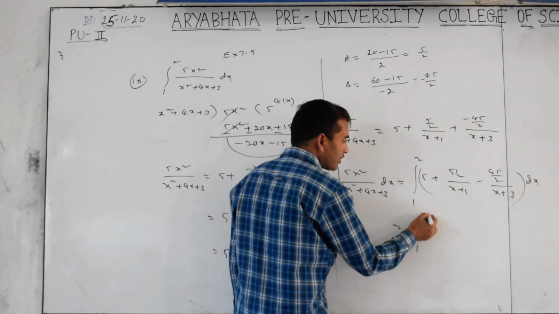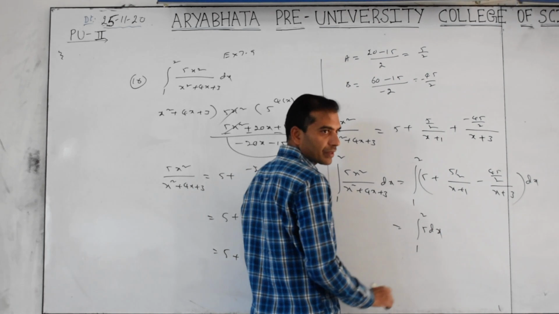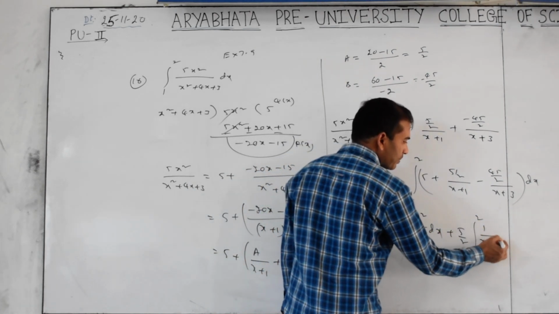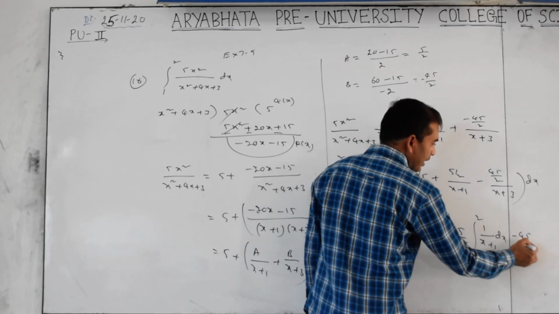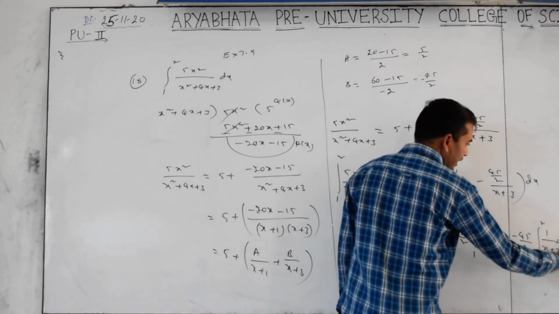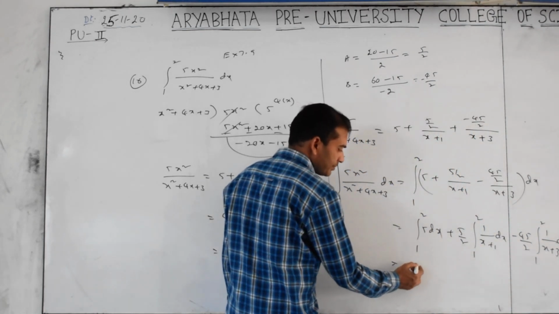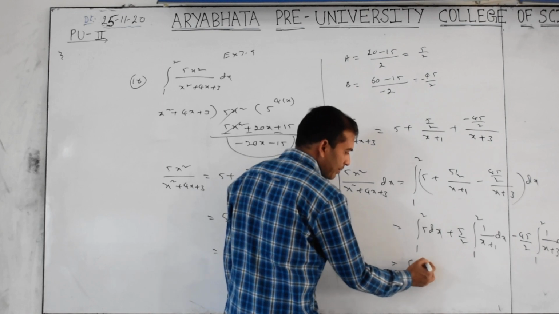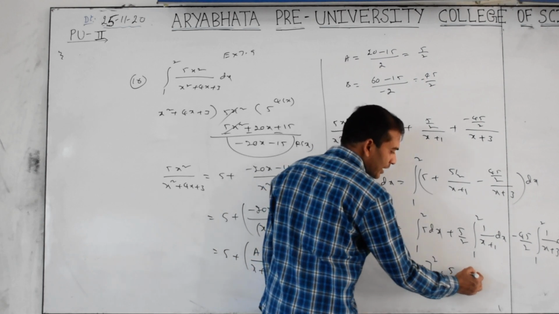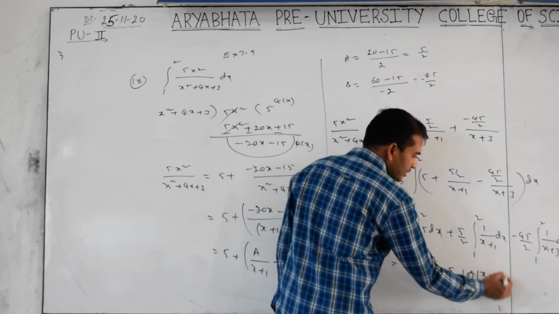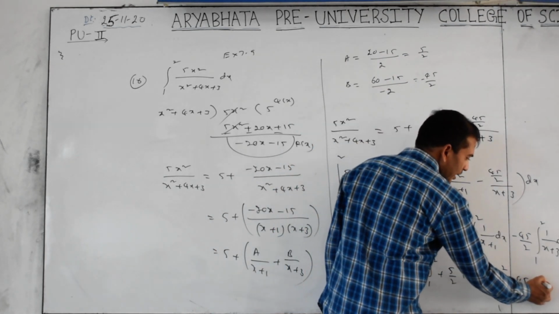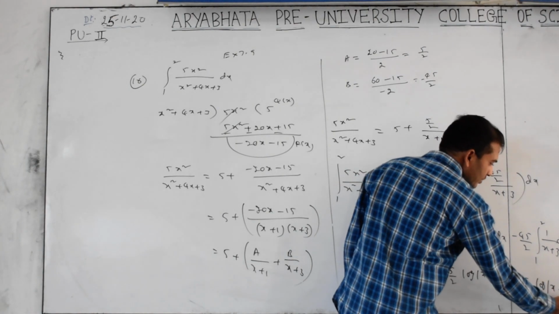Splitting: integration from 1 to 2 of 5 dx, plus 5 by 2 constant, integration from 1 to 2 of 1 by x plus 1 dx, minus 45 by 2, integration from 1 to 2 of 1 by x plus 3 dx. What is the integration of 5? 5x, limits 1 to 2. 5 by 2, integration of 1 by x plus 1 is log of x plus 1, limits 1 to 2, minus 45 by 2, this is log of x plus 3, limits 1 to 2.